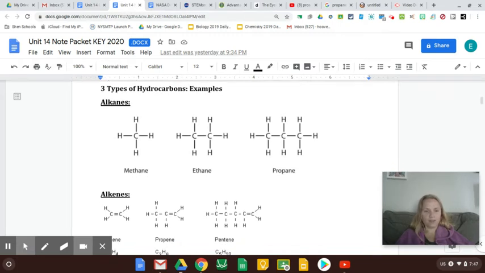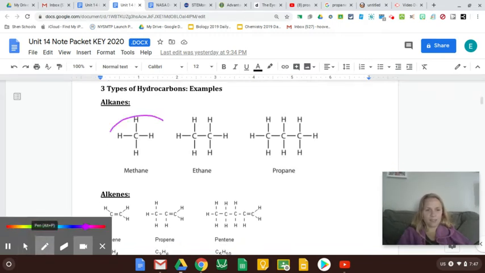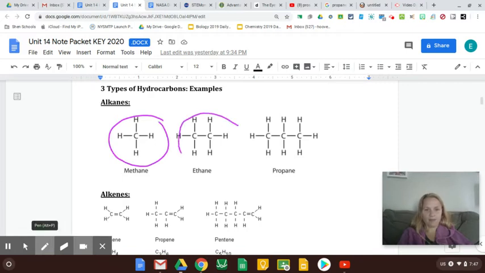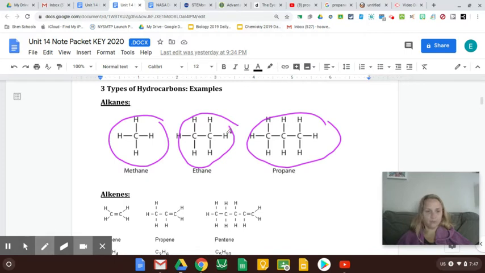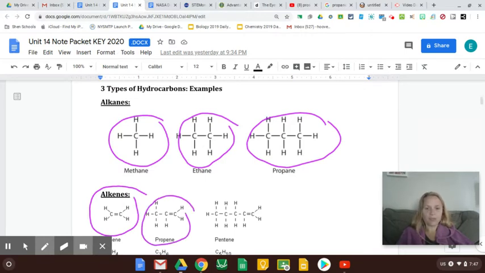So take a look at alkanes. What do these 3, methane, ethane, and propane, have in common? Moving down, how about alkenes? Ethene, propene, and pentene.